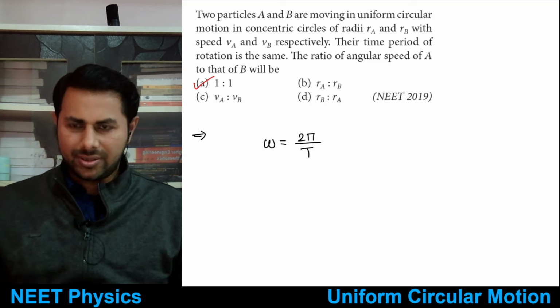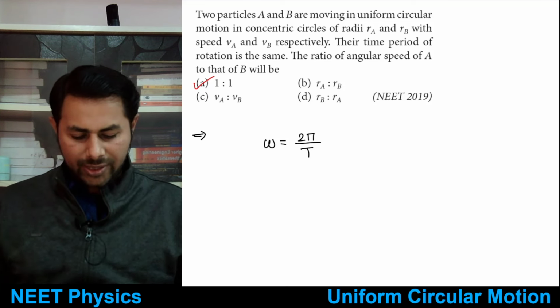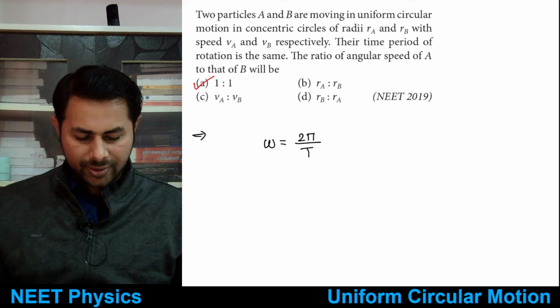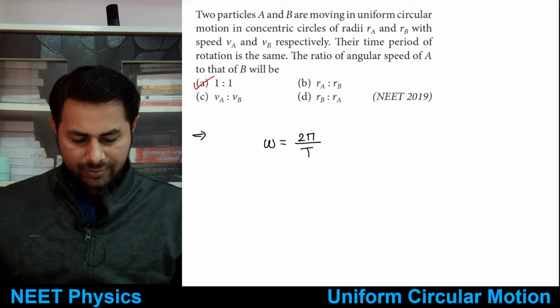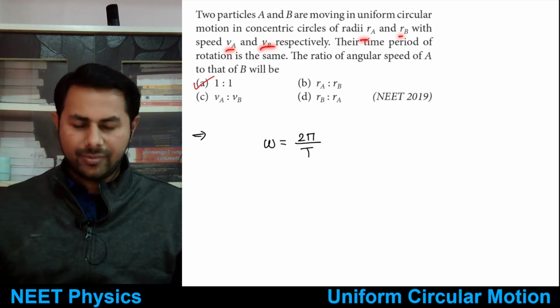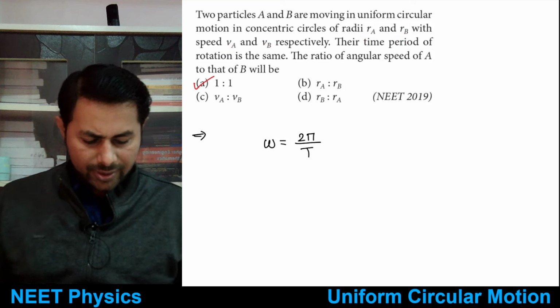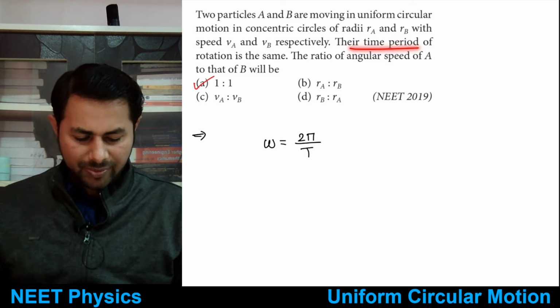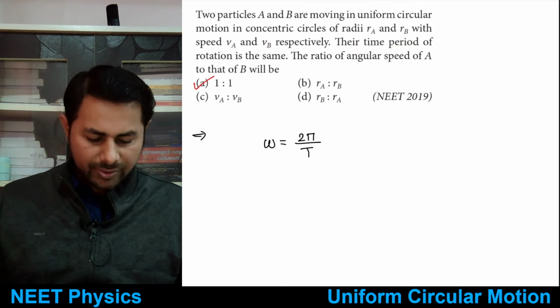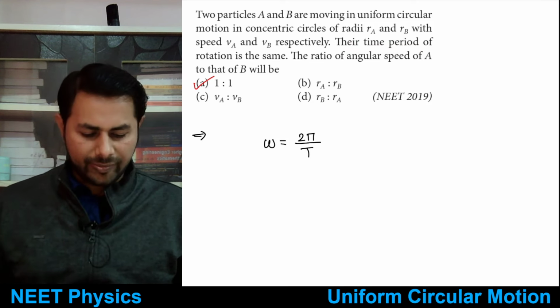Very simple question. These things RA, RB, VA, VB, they have given to confuse you, right? But it's very simple, because they say that time period is equal. At that moment itself the angular speed is equal.